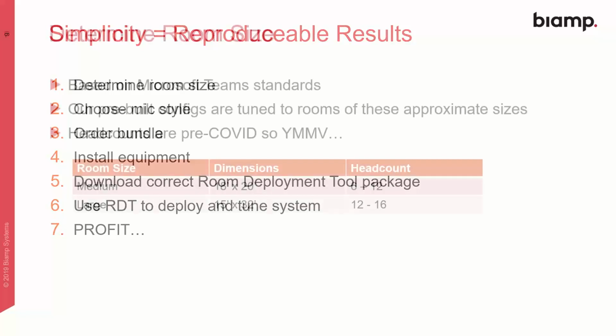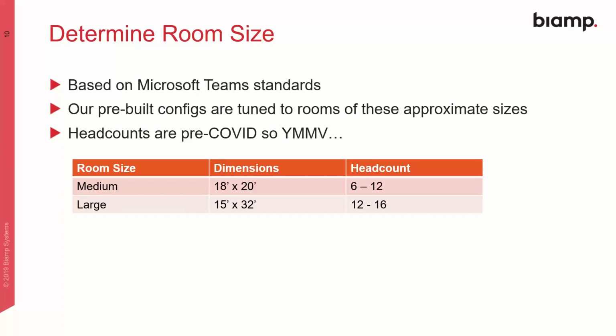So firstly, we're going to talk about determining the room size. As I said up front, we have bundles for medium rooms and large rooms. What does that mean? What's a medium room? What's a large room? So we based these approximate sizes on Microsoft Teams room standards. If you go on the Microsoft website, they have an excellent document about planning for end user IT management, planning how they're going to deploy Teams rooms.